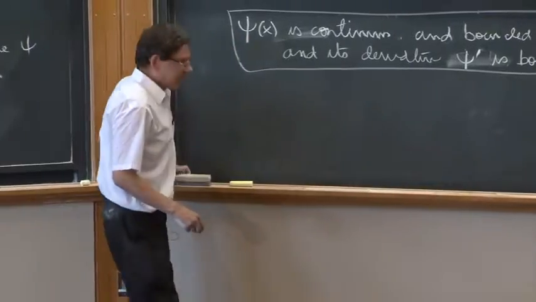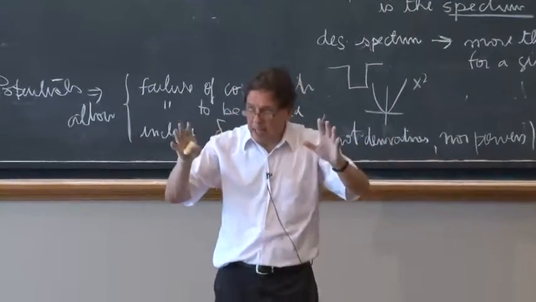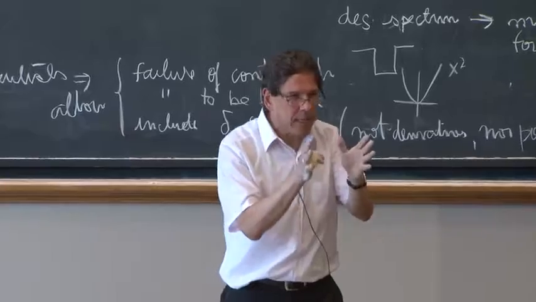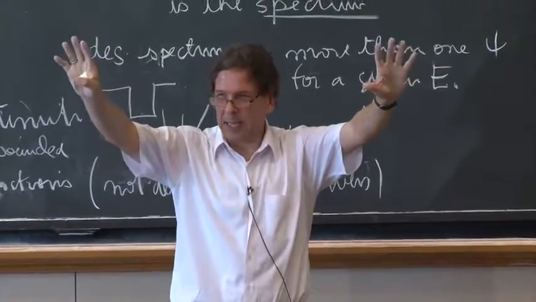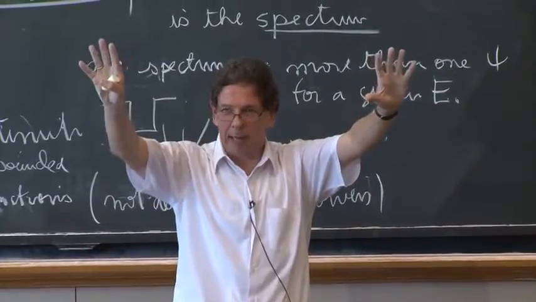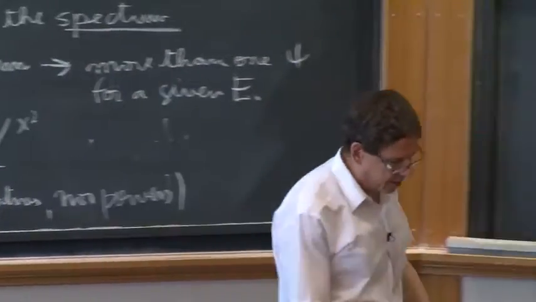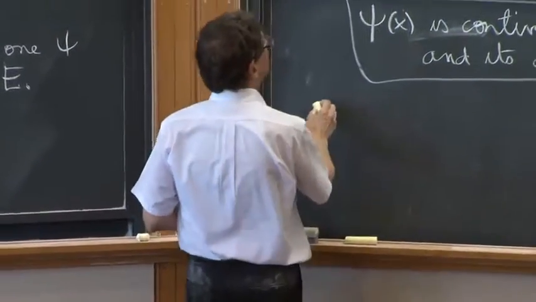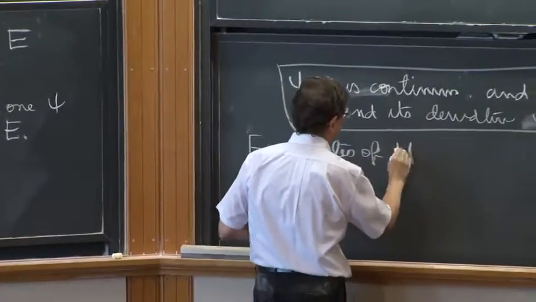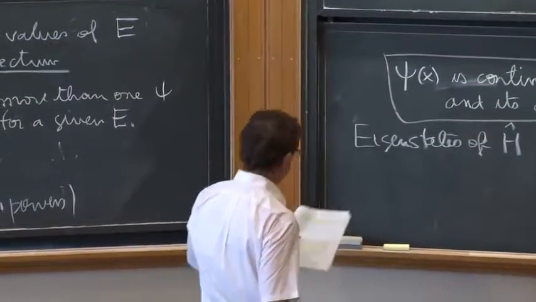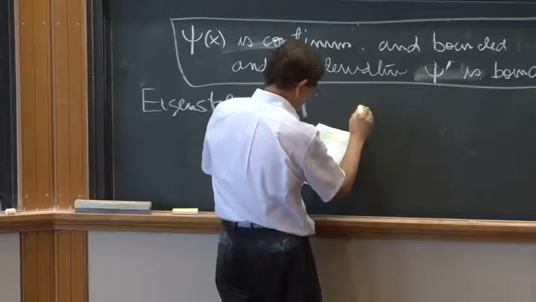Now I want to say a couple of things about properties of the eigenstates. We will calculate many of these eigenstates, but we need to understand some of the basic properties that they have. There are really two types of identities that I want you to be aware of, which play an interesting dual role, and it has to do with this wave function. So the eigenstates of H hat, these are the energy eigenstates. You can make a list of them.